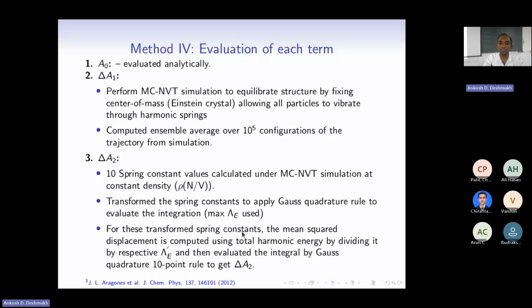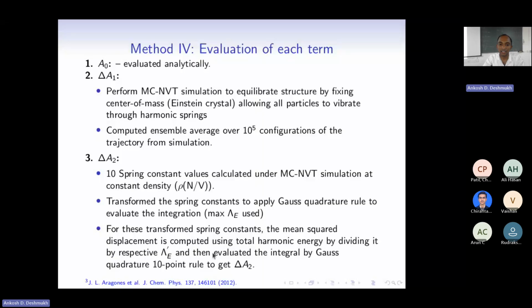For this transformed spring constant, the mean square displacement is computed using the total harmonic energy. Lambda E dash is my initial computed spring constant, which I transform to lambda E, the transformed spring constant, to apply the Gauss quadrature equation.